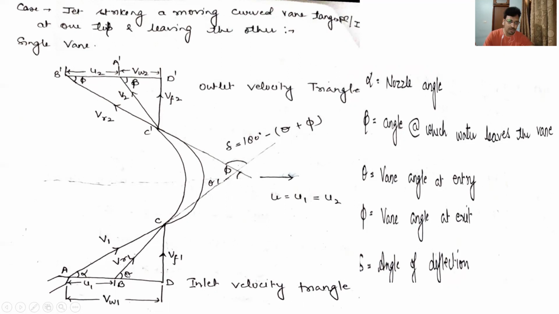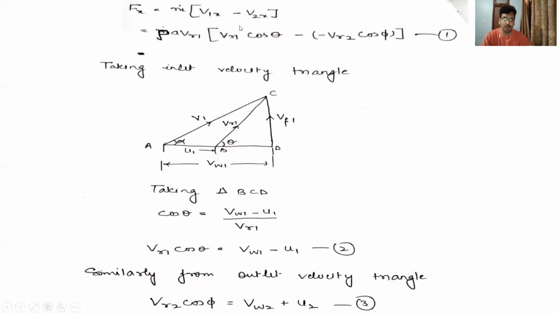So this moves in this direction at the inlet, and at the outlet it will move in this direction. So it will have a minus sign and a plus sign. So Vr1 cos theta minus Vr2 cos phi. Now we have to find out the value of Vr1 cos theta and Vr2 cos phi.